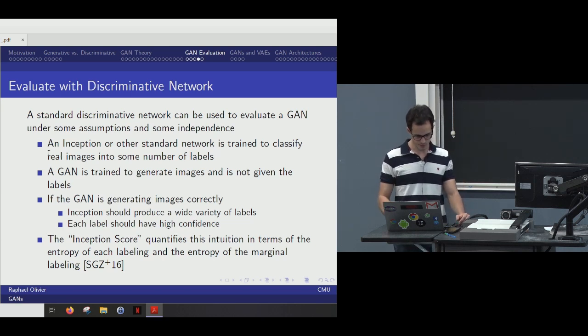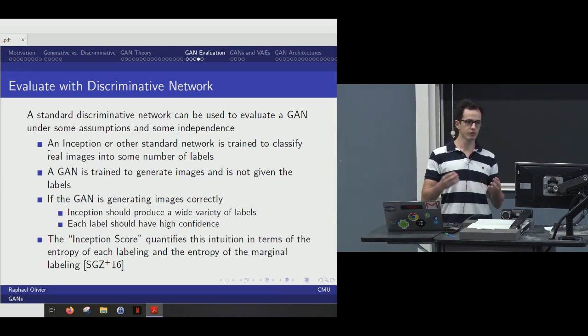Another thing you can do, which is quite standard, is use another discriminative network to evaluate your GAN. What that means is, for example, let's say you train your GAN on ImageNet, so it's trying to generate ImageNet-like images.